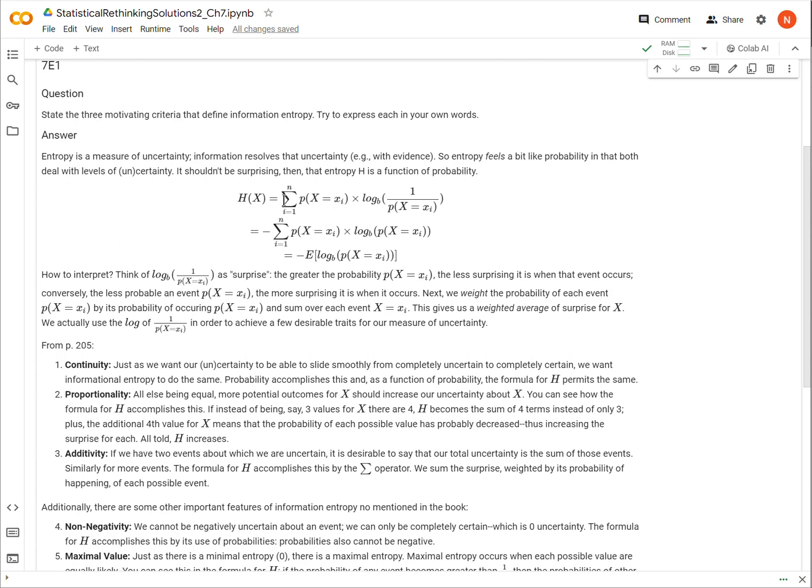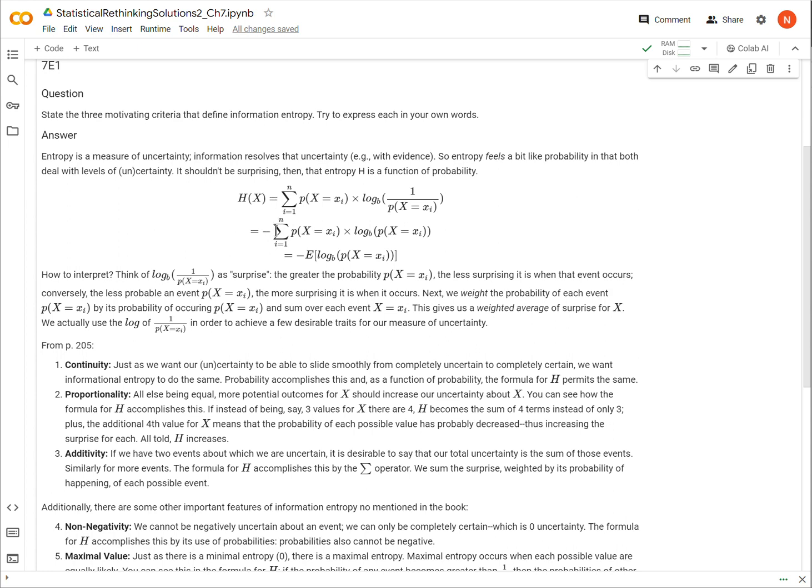Now, to get from this equation to this equation, all that I'm doing is just some notational trickery. If I take this fraction, the log of that fraction, I could rewrite that as being the negative log of the probability of x equals x. So there should be a negative here, but it's just been moved out front. That's all that's happening there.